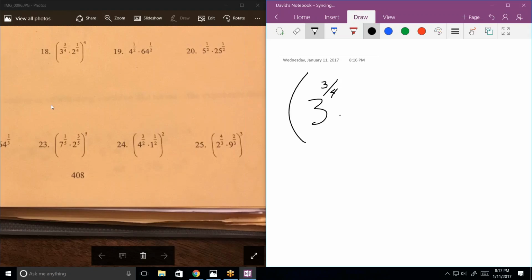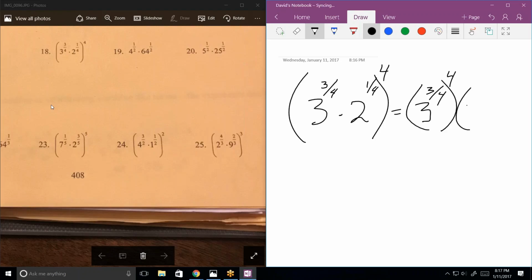If I have this, it's the same thing as writing it like this. And notice what's going to happen if I do the double exponentiations first.